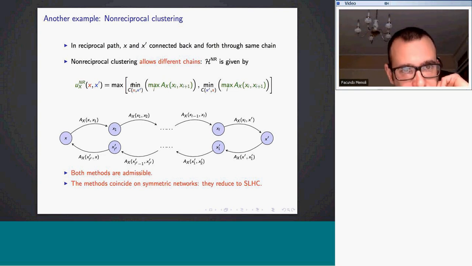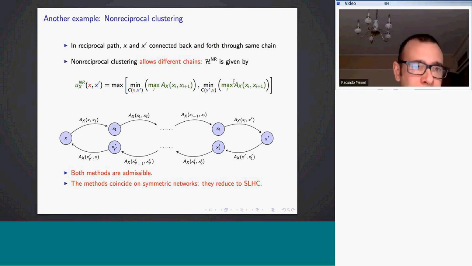We first look at chains: to connect X to X prime, we take a chain joining X to X prime, then take the maximum jump between nodes in the chain, and then minimize over the choice of chain. We do the same for a chain in the opposite direction, a chain that goes from X prime into X. We finish by taking the maximum between these two.